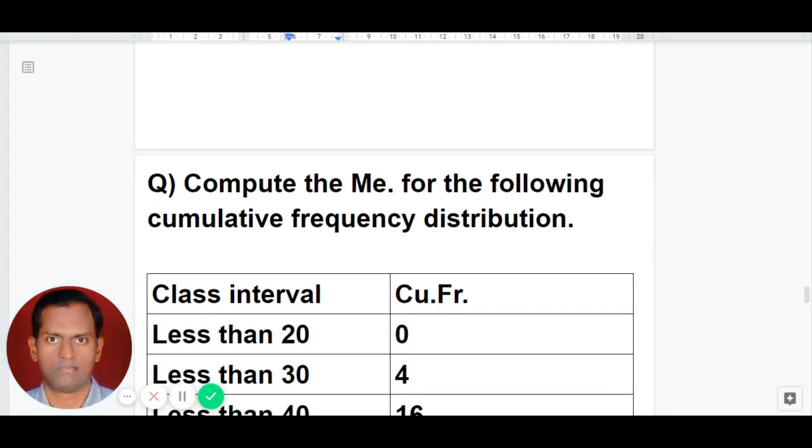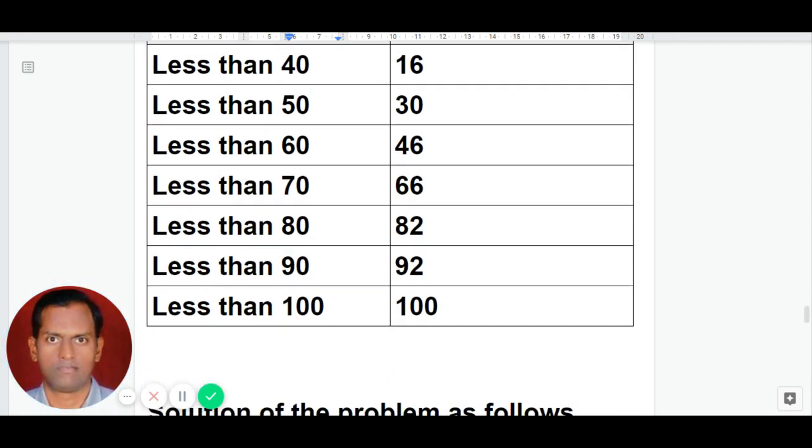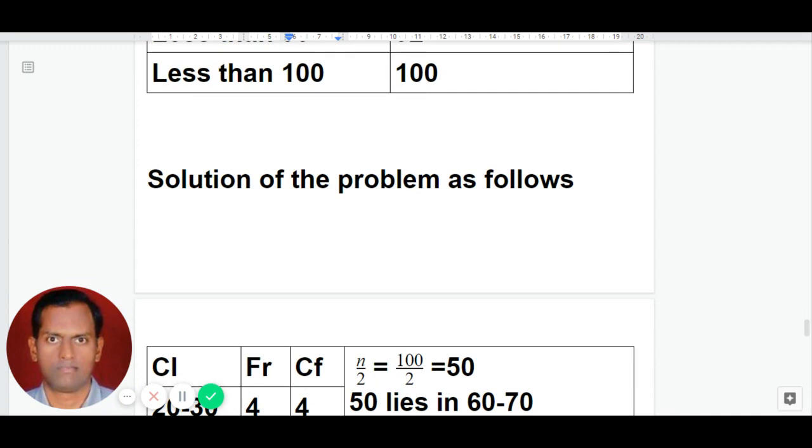Compute the median for the following cumulative frequency distribution. Class interval less than 20 is 0, less than 30 is 4, less than 40 is 16. Thus, a table is given up to less than 100 is 100. Let us solve this problem.